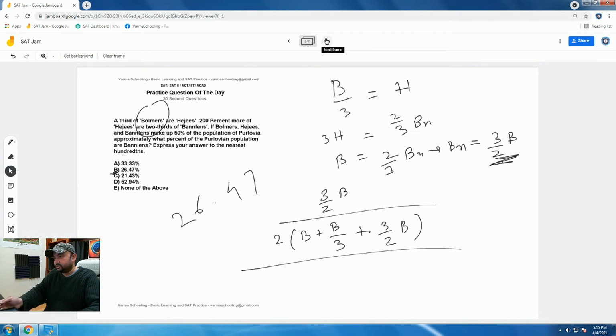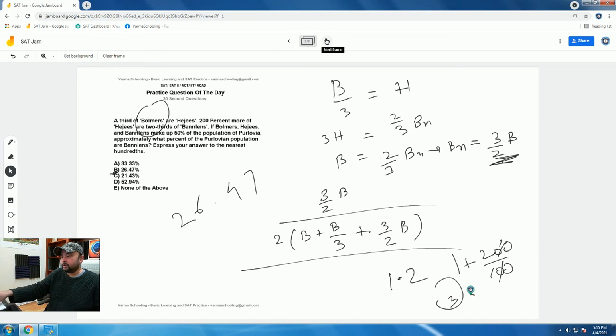So interesting question. It tests you on a lot of things simultaneously, but the catch of this question was understanding what 200% more means. When somebody says 20% more, that is 1.2. When you say 200% more, it is basically 1 plus 200 divided by 100, which will come up to 3.